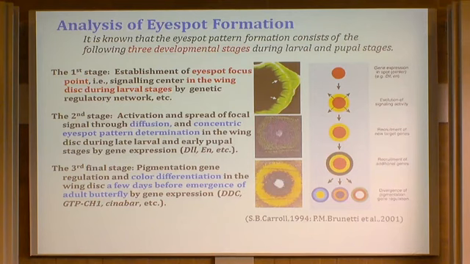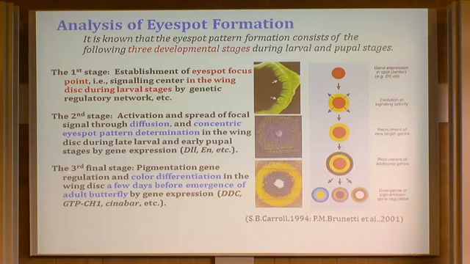And the second stage is activation and spread of focal signals through diffusion, and concentric eye spot pattern determination in the wing disc during the late larval and early pupal stage, by gene expression, such as distal-less, engrailed, etc., known to work.